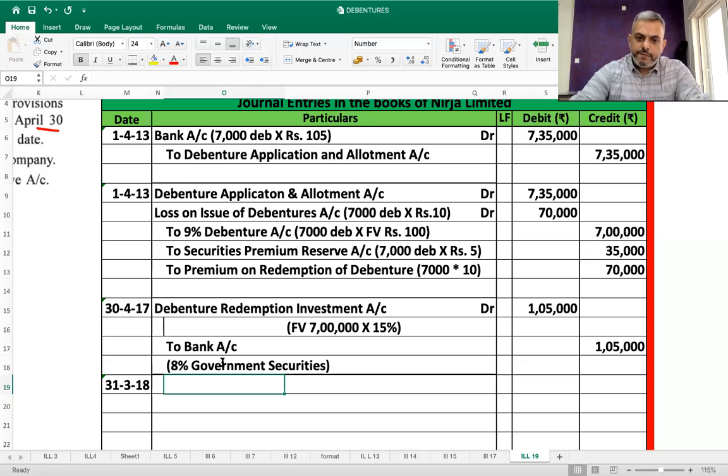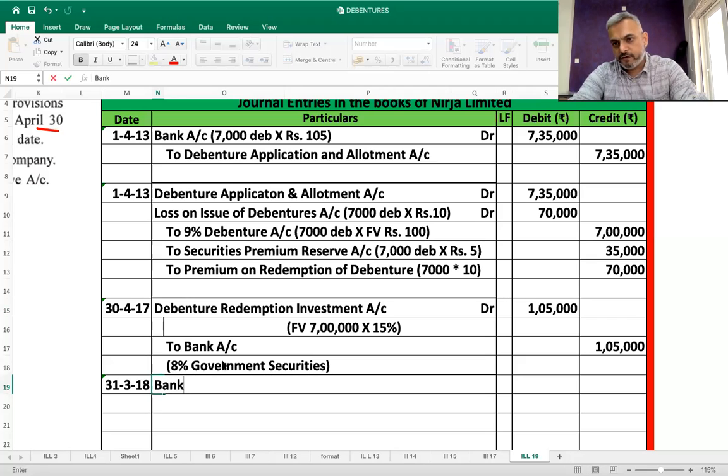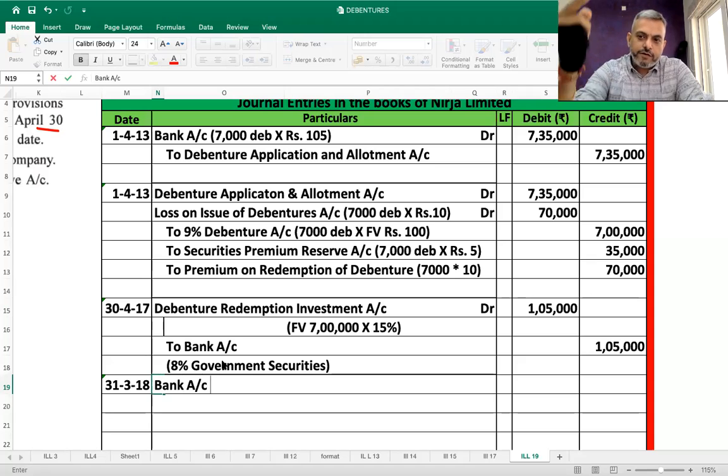It bears 8% rate of interest. So we are also going to get interest when we sell these investments. First we sell the investment and take the money with us. So bank account debit, how much amount are we going to receive? We are going to receive this 1 lakh 5,000, plus we are also going to receive the interest.